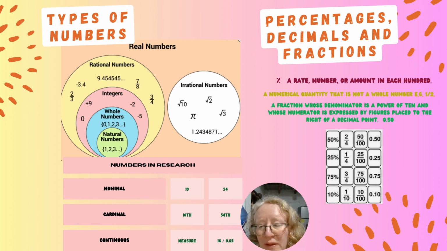The next classification is the whole numbers, signed with the letter W, and it includes the number zero.